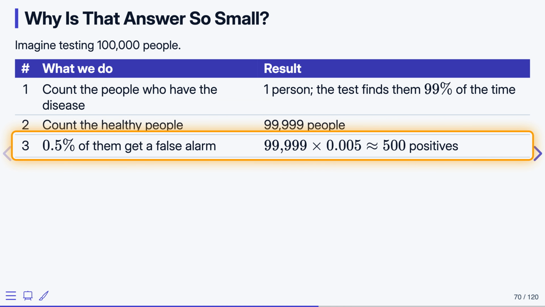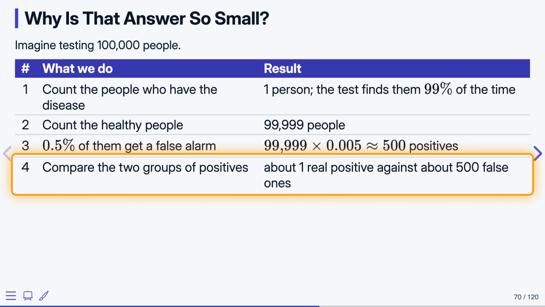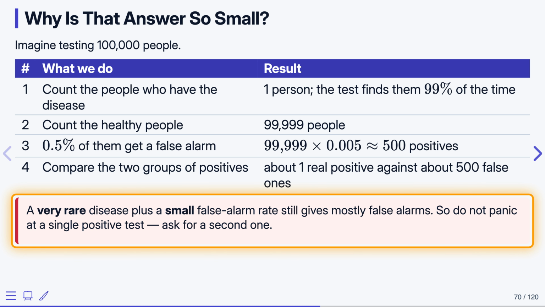Step 3. 0.5% of that huge healthy group gets a false alarm. 0.5% of 100,000 is about 500 people. Step 4. So among everyone who tests positive, about 1 is real and about 500 are false alarms. That is the whole story. A very rare disease plus even a small false alarm rate gives mostly false alarms, so do not panic at a single positive result. Ask for a second, different test.